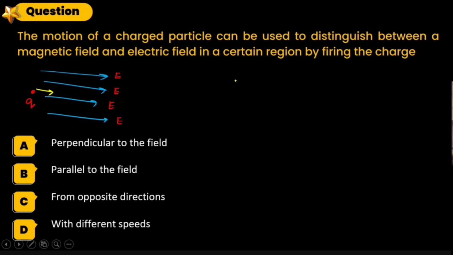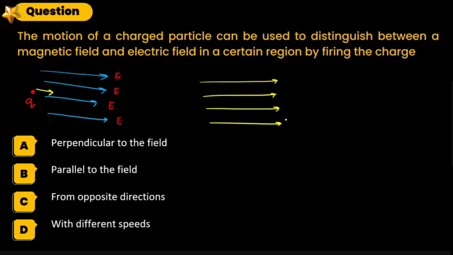Similarly, if there exists a magnetic field like this, the force will act in the direction of V cross B. It simply means if the charged particle enters into the magnetic field region like this, let's say, with some velocity V, the force which is going to act should be in the perpendicular direction to the magnetic field.